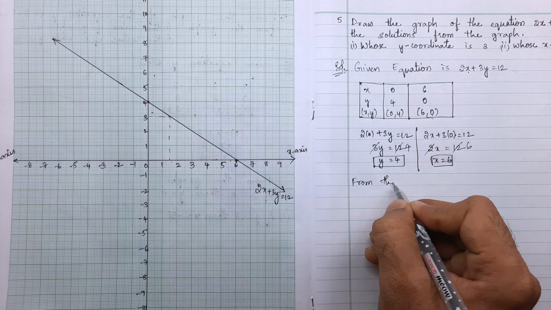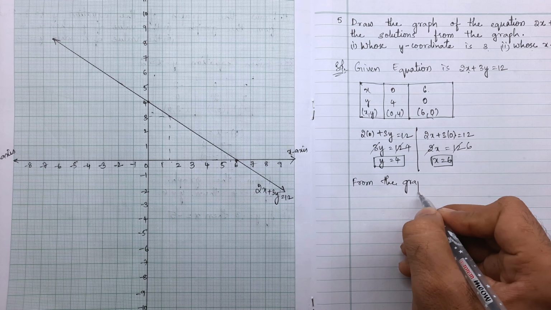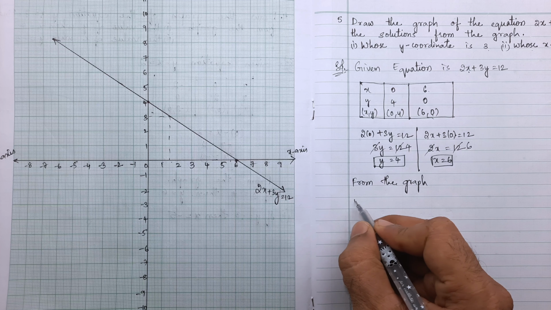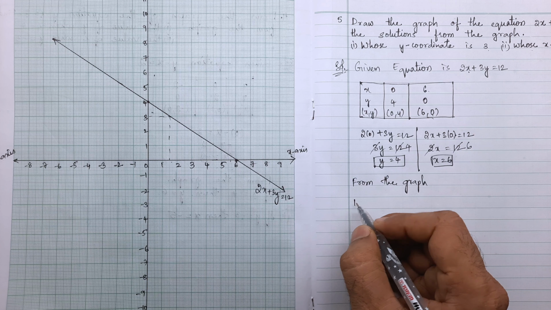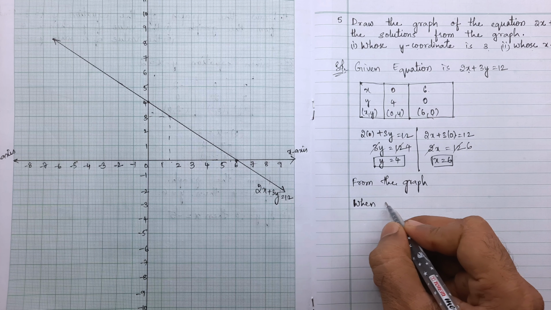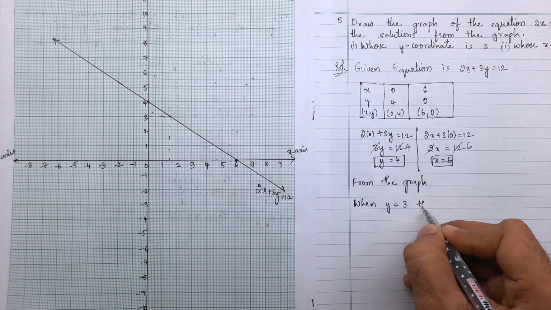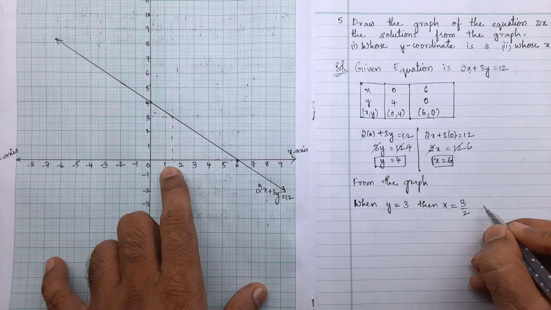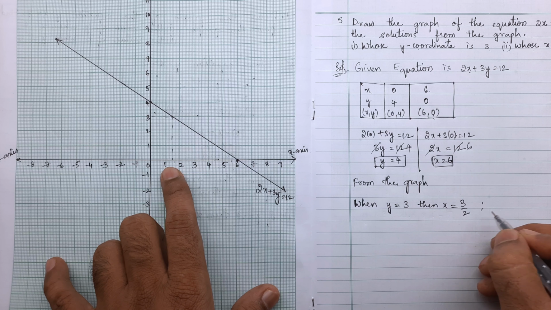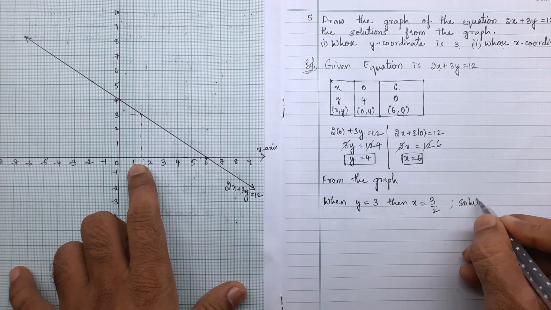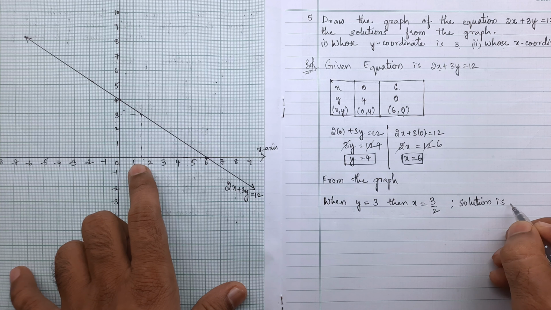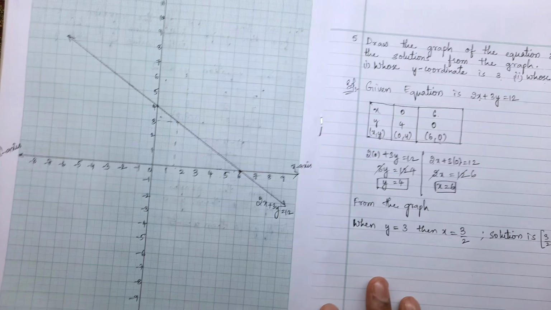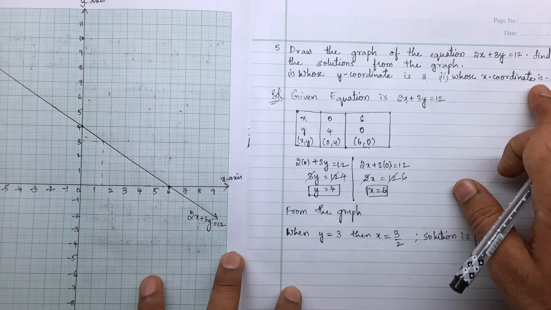So from the graph we can write that when y equals 3, then x equals 3 by 2. Therefore the solution is 3 by 2 comma 3. Next, the point whose x coordinate is minus 3.